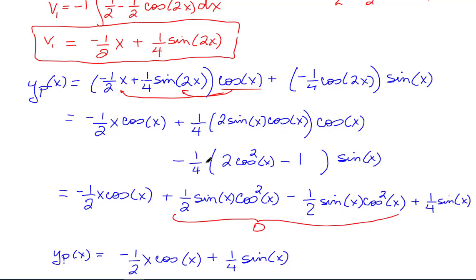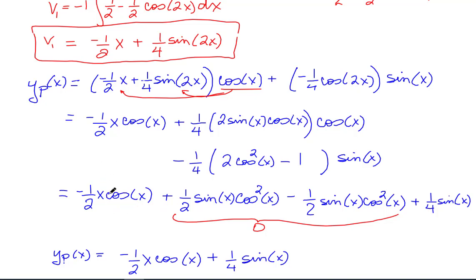Minus 1/4, now I've got this cosine of 2x. I have 3 possibilities for the cosine of 2x. I'm going to pick the one that I believe is going to make something cancel. And so I chose 2 cosine squared x minus 1. When you multiply in the sine, let's see what happens.